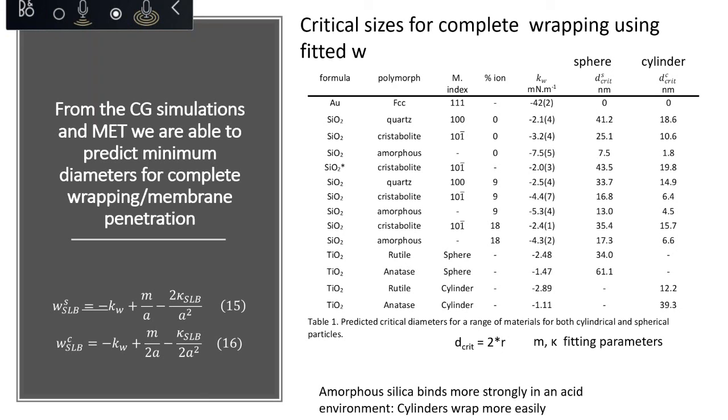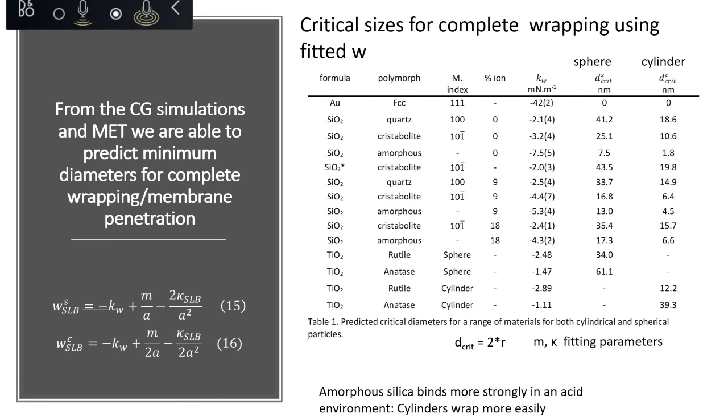So the equations there, 15 and 16, you see, this is the W for the supported lipid bilayer as a function of the radius A of the nanoparticle. So the planar surface value is minus kW, and then we have a variation with the diameter, plus we have the change due to the bending tension.